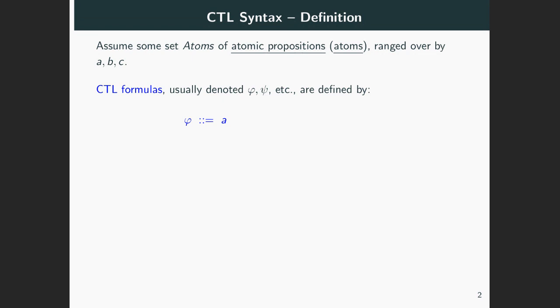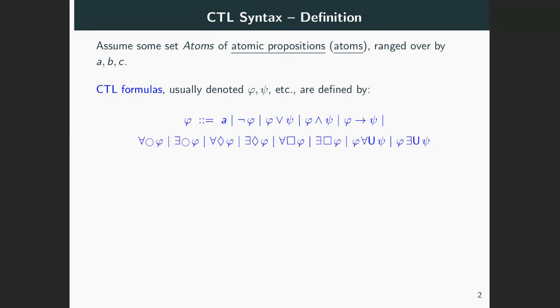CTL formulas are built starting from atoms and applying two kinds of logic connectives. First, there are the usual propositional connectives: not or negation, or disjunction, and or conjunction, and implies or implication. These are exactly the same as for LTL.